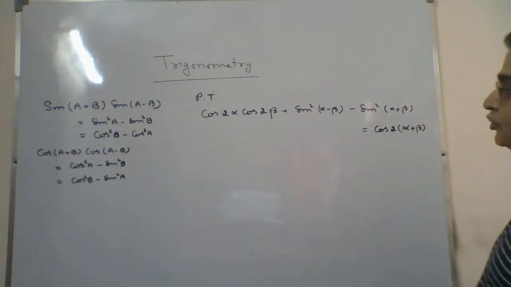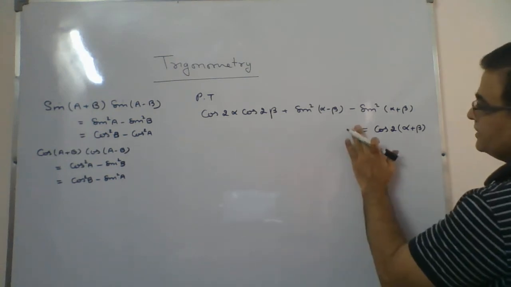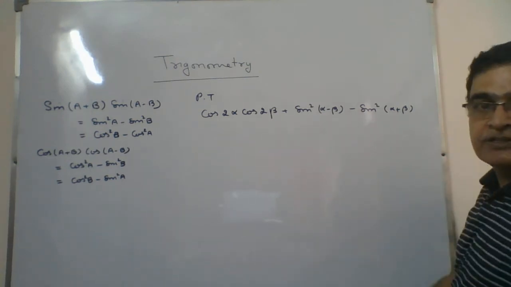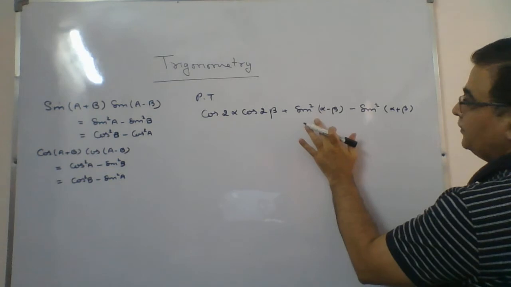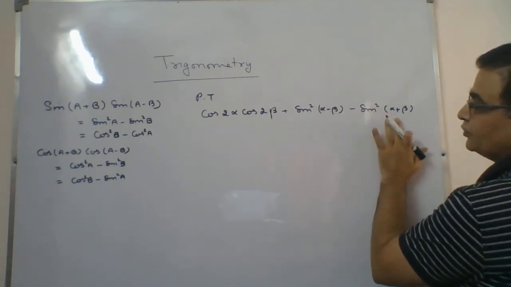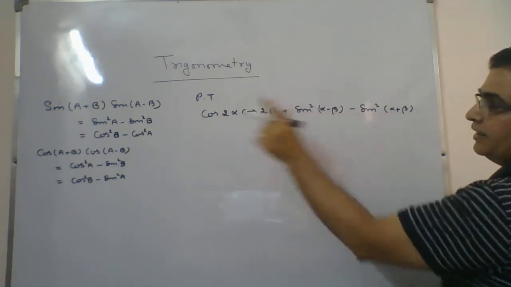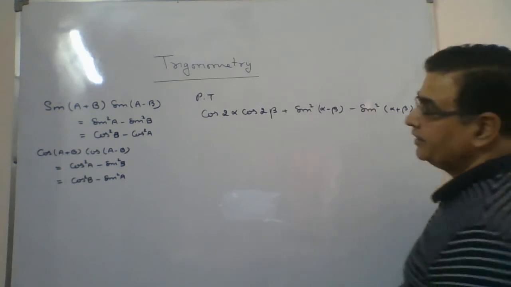So when we want this to be proved, first I'll start with our left hand side. This is the formula of sin²A − sin²B. This is your A, this is B. Then the formula says sin(A + B) into sin(A − B).